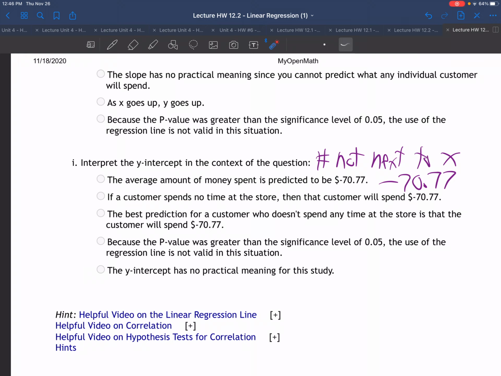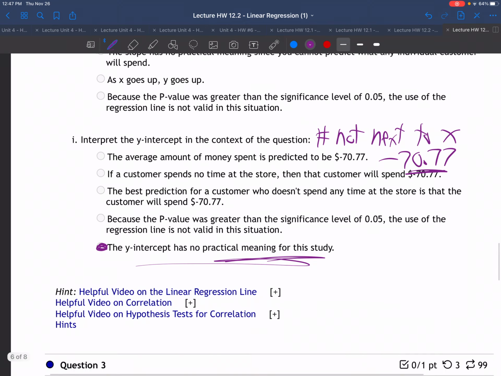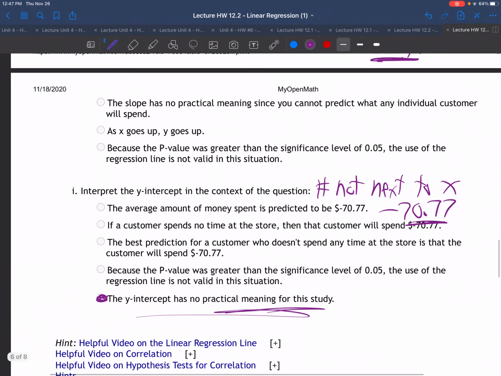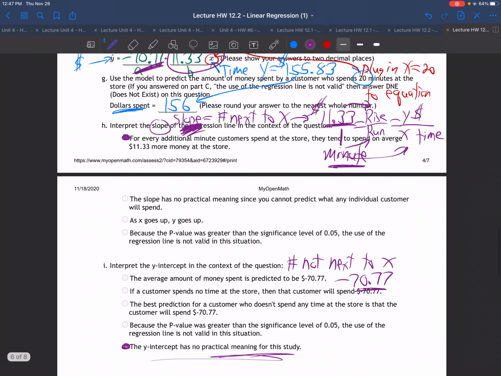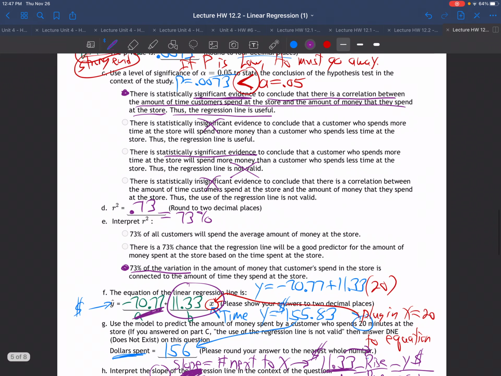Right? You can't spend negative money. The best prediction for a customer to spend no time in the store. No, you can't spend it because the p-value is greater. It wasn't. The y-intercept has no practical meaning. Yeah, there it is. In this one, there's no meaning. That negative 70.77 has no practical meaning in the real world. But the slope did. The slope definitely had practical meaning.